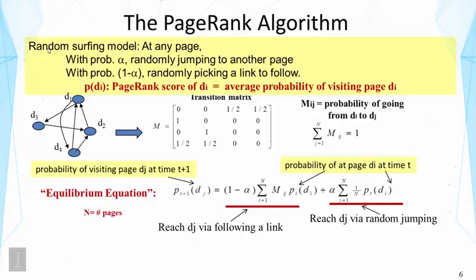Now, of course, this is a time-dependent calculation of the probabilities. Now, we can imagine if we want to compute the average probabilities, the average probabilities probably would satisfy this equation without considering the time index. So let's drop the time index and just assume that they will be equal. Now, this would give us n equations, because for each page we have such an equation.